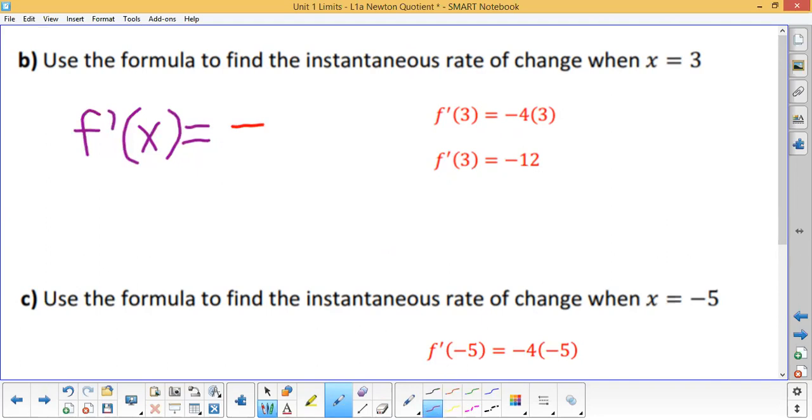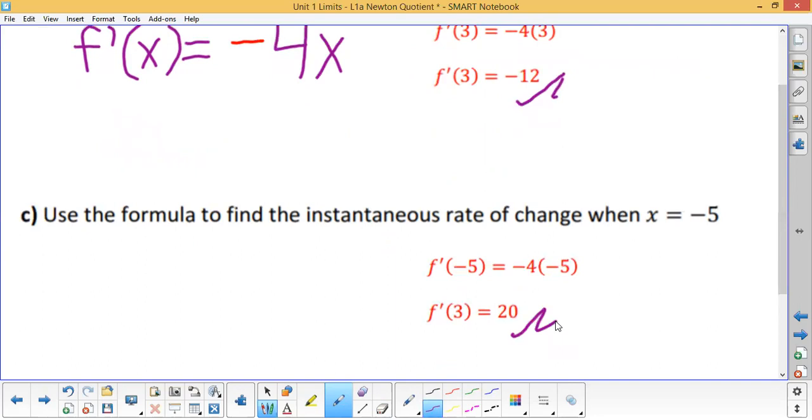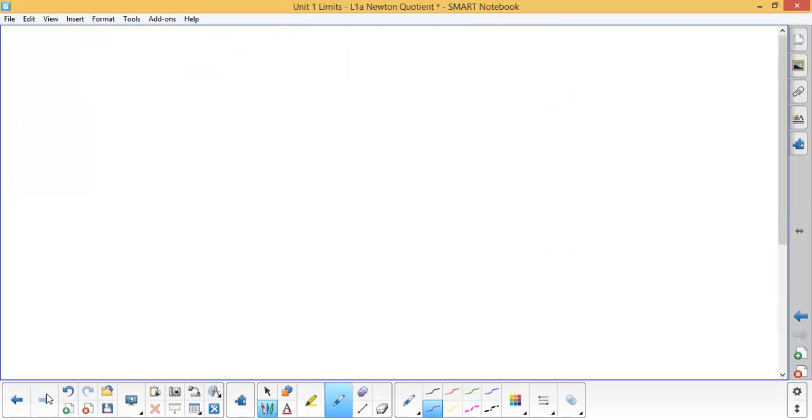Now I can substitute x for different values along the curve to find the instantaneous rate of change at that particular point. Negative 12 when x is equal to 3, and positive 20 when x is equal to negative 5. And that is all for part 1.